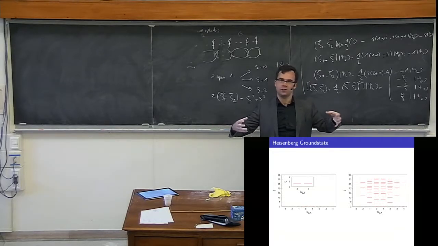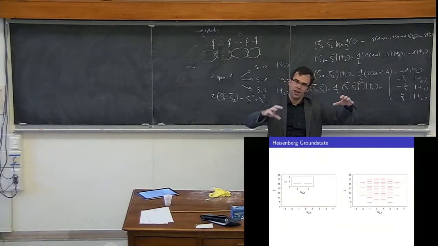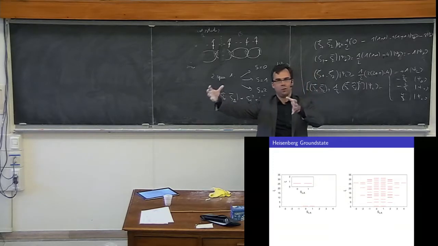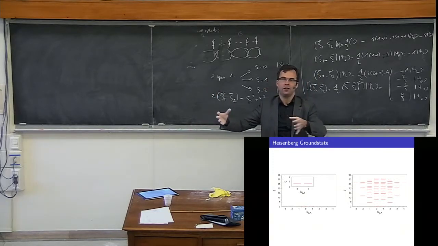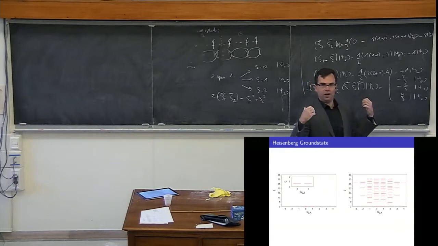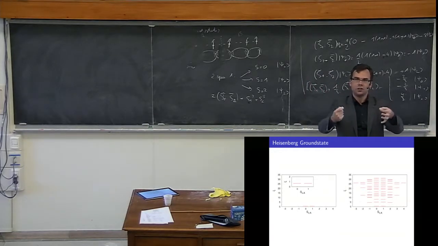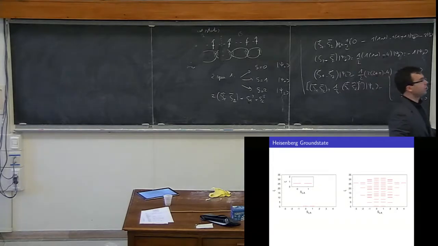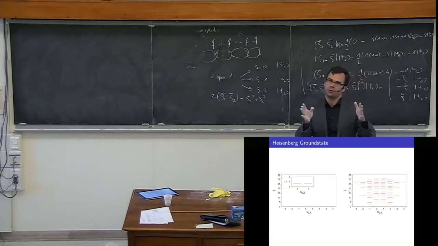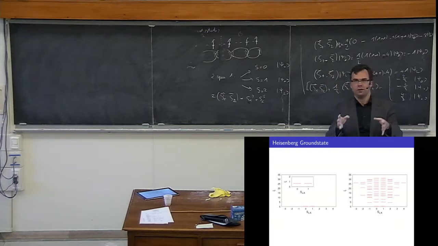And since I can write it as the sum of the SZ for part A plus the SZ for part B, I can use the property that I've shown at the beginning of the lecture, that I can use SZA, the total projection of the spin along the z-axis for part A, as a good quantum number to label all my states. So you have to be careful because it's a spin 1, so there's a shift of 1/2 that you have to apply if you want to compare really with the spin 1/2.